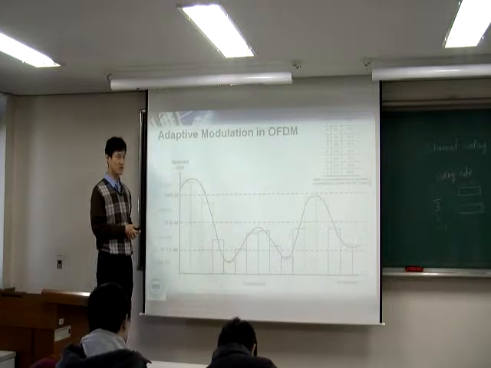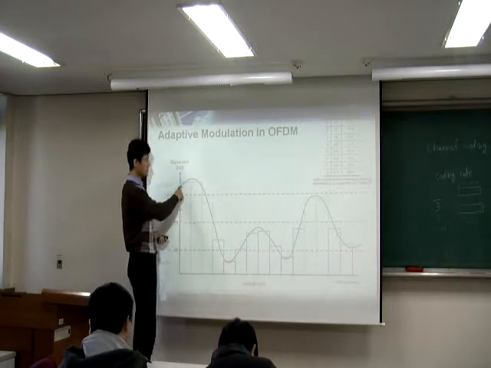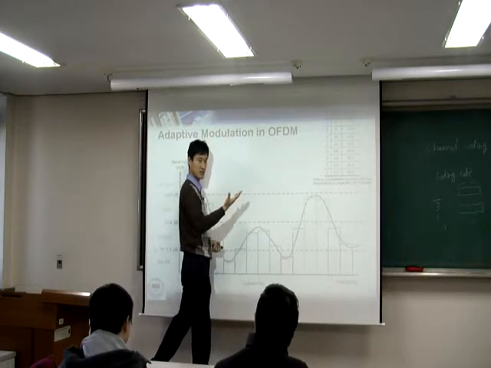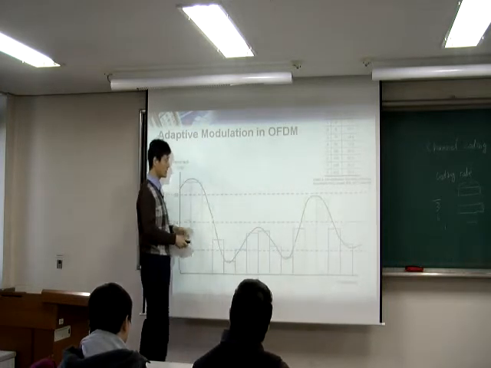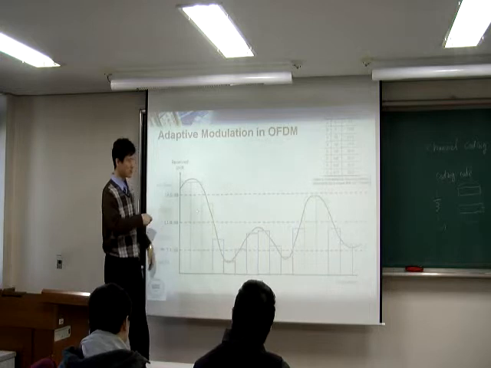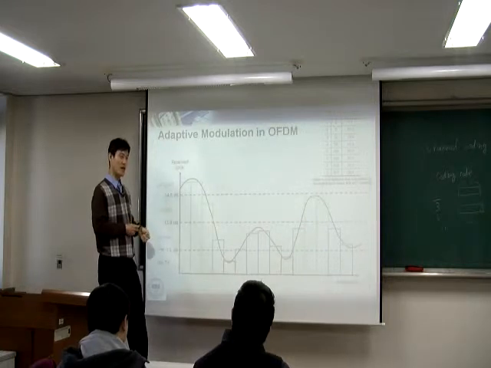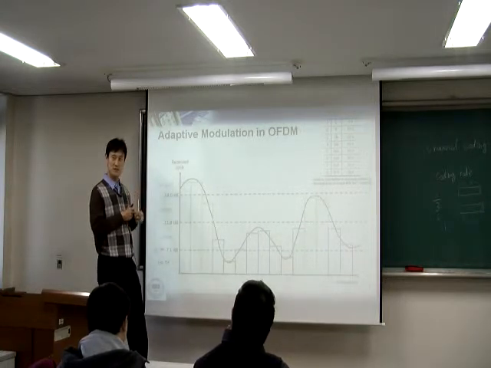What does that mean? If I have the channel condition flat, like this one, ideally speaking, if we assume that our channel condition over frequency is flat, that basically means our impulse response in time is an impulse, which is a very ideal case.